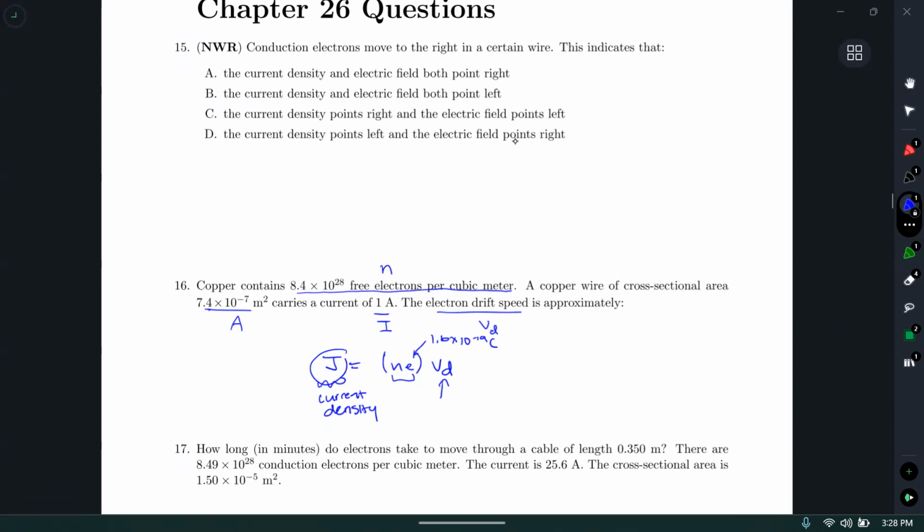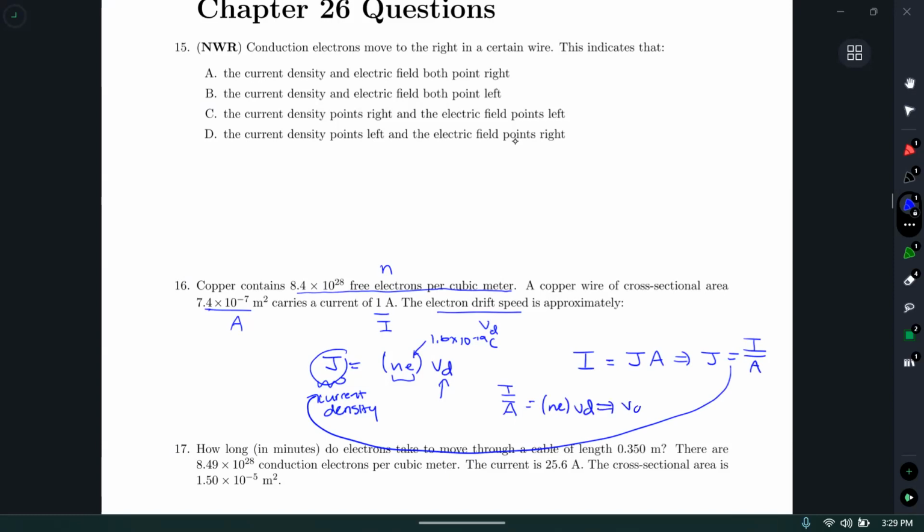So I have to stop and look at this again and say, do I know any relationship between that and something else? I know how it relates to current and cross-sectional area. If it is a uniform current density, current is current density times area. So current density is current divided by area. If I put that in over here, I will get I over A is N E v_d.